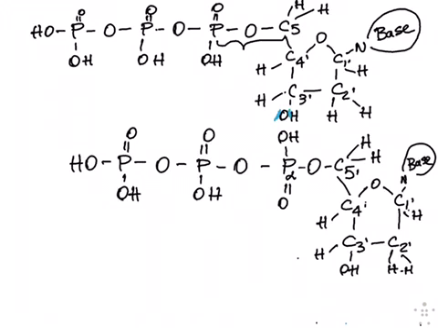a pair of electrons, there is a nucleophilic attack. I'm going to write it here, nucleophilic attack. A pair of electrons will attack the alpha phosphorus atom. Why is this important? Because this leads to the ester bond formation.